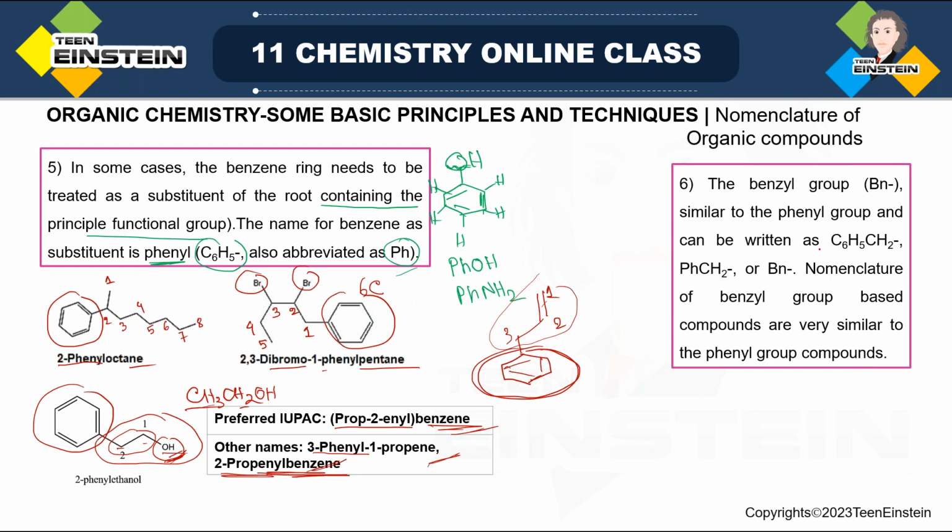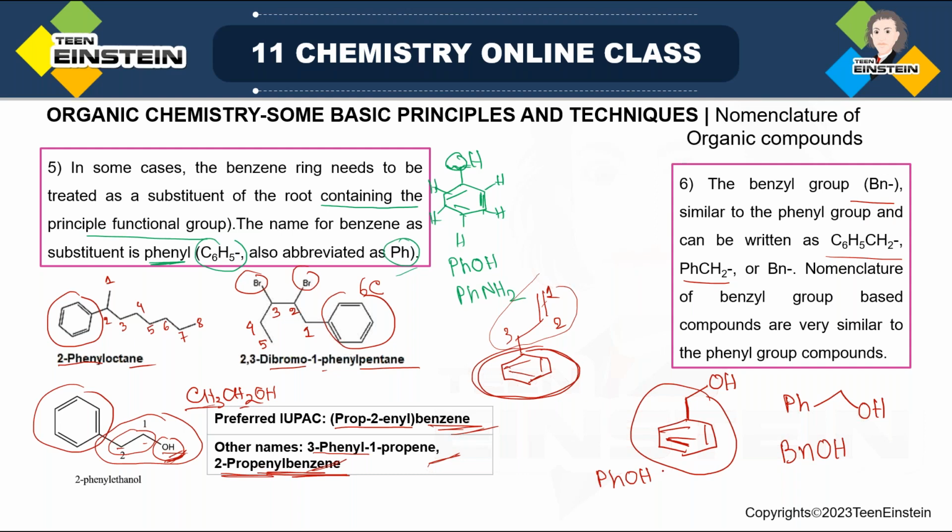And sometimes the benzyl group is present, which is similar to the phenyl group, the only difference being one extra CH2. Suppose we have a benzene ring and OH is not directly attached, but there is a CH2 group and then OH. Then this part is treated as PhCH2 because one carbon is extra. So the same molecule I can write in a different way. You can also write it as Bn, which is the short form of benzyl, BnOH. If I write PhOH, that means OH is directly attached to the benzene ring.